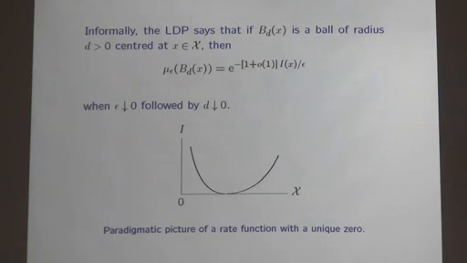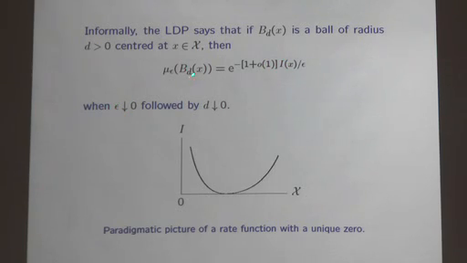And informally, what this says is the following. You should read the result as saying, if I take a point x, and I take a very small ball of radius d around this point x, so think of d as being a very small number, and I look at the total weight that I get for this little neighborhood of the point x, then that weight is e to the minus I(x) over epsilon, times something that is sort of negligible, converging to 1 when epsilon gets small.